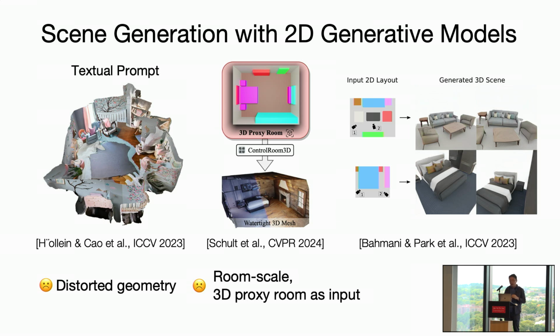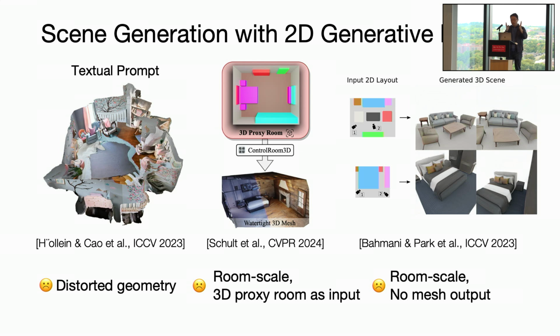And on the right, I'm showing another work that starts from a 2D layout, similar to the floor plan I'm going to talk about. But they also choose to focus just on single room generation, and they have no explicit 3D output, right? What do I mean by that? The model can only give you some images, or imagine some pictures taken at different locations in the room.